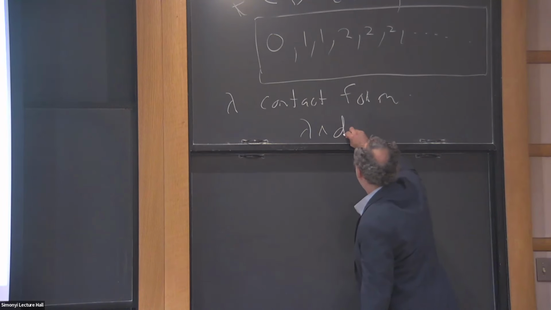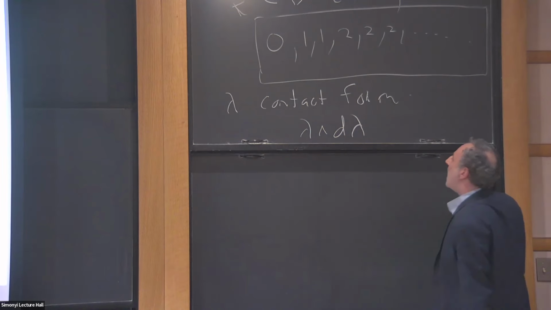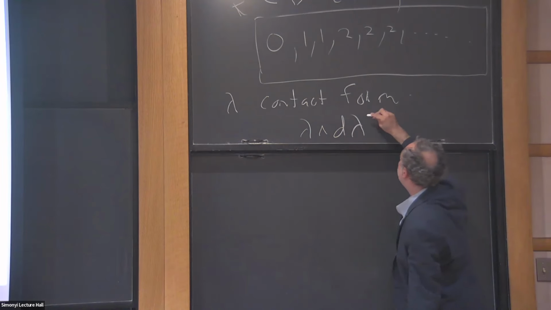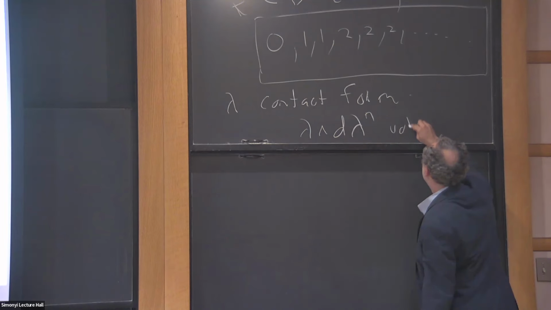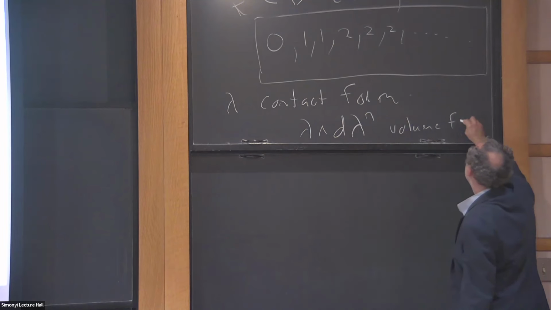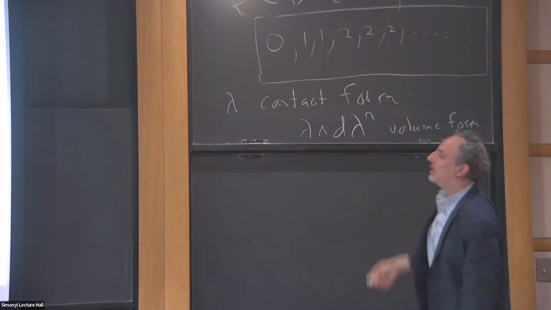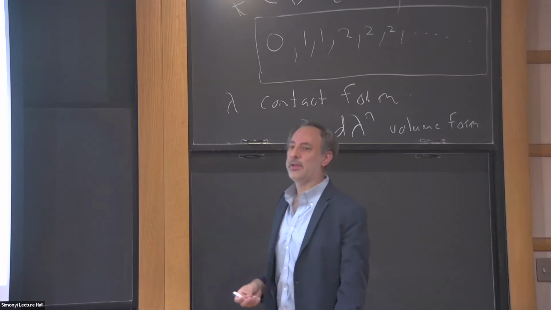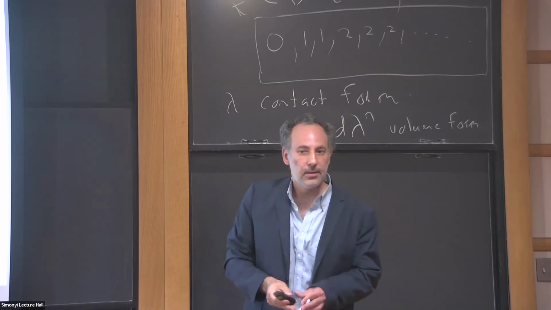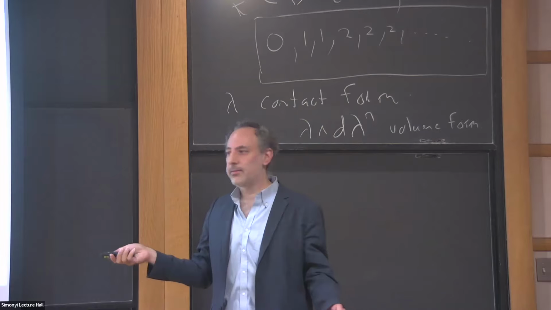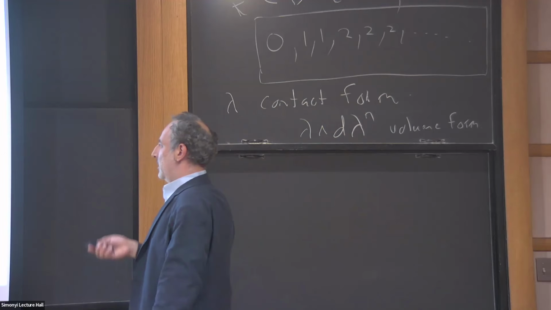So being a contact form just implies that if I take lambda and wedge it with d lambda n times, I get a volume form. So these contact forms, they're like odd dimensional cousins of symplectic forms, and that's a Liouville domain. As I said, please stop me if you have any questions.